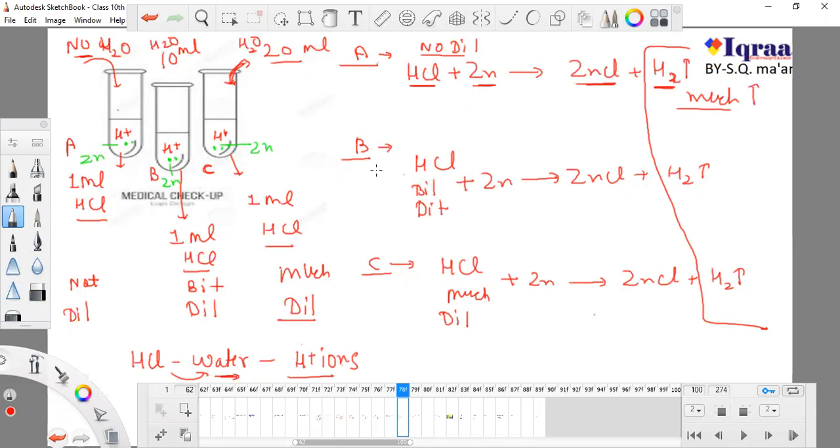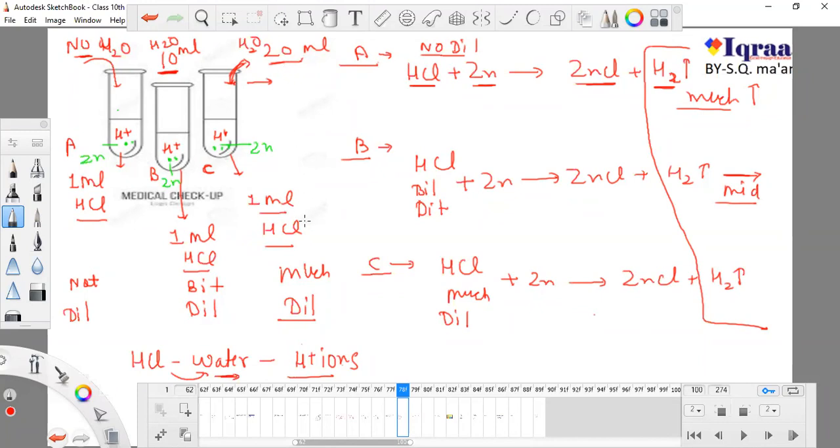Okay, the test tube which is having only 10 ml of water will release a medium amount of H2. And this last test tube, which was having 20 ml of water and 1 ml of HCl, because we put an equal amount of HCl in all these test tubes and a different amount of water in each. So this last one is having 1 ml of HCl and 20 ml of water. So it is a very diluted form.